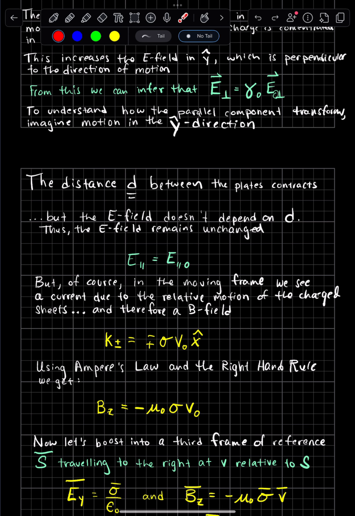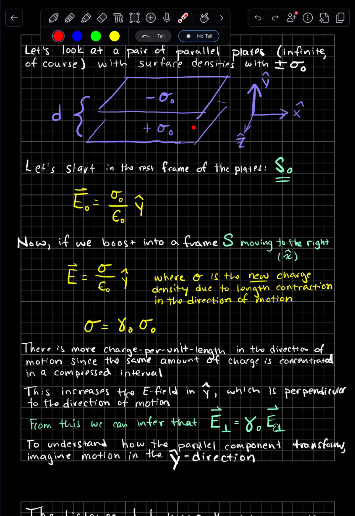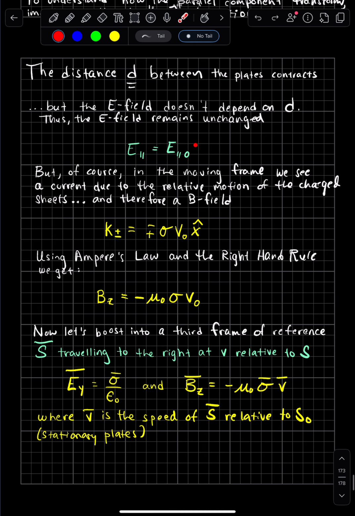If we were moving in the direction parallel to these plates, we would experience length contraction, which would make d smaller. But what do you notice about the E field? The E field's magnitude does not depend on the distance. And so whether or not the distance is smaller doesn't affect the E field. In other words, the parallel component of the E field is the same.